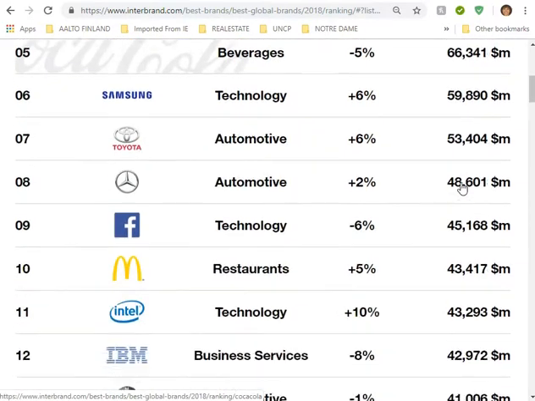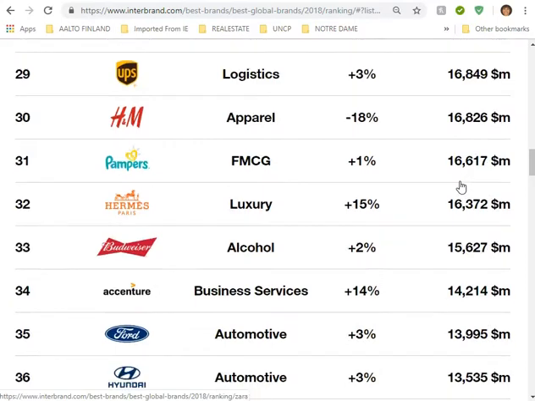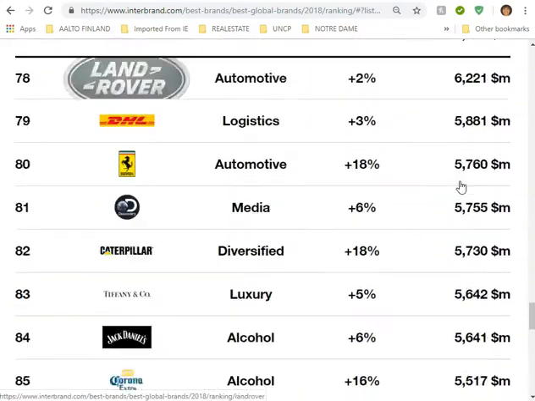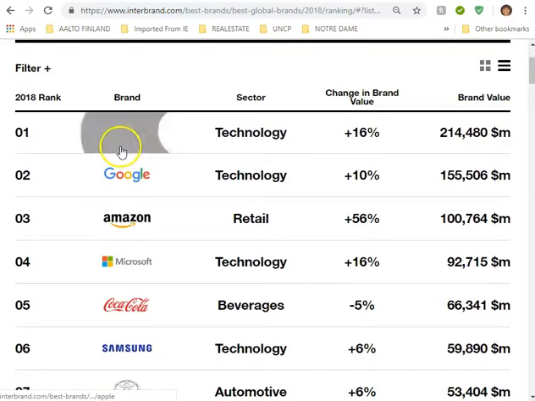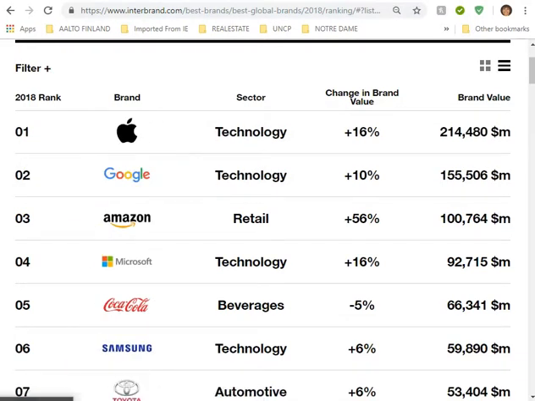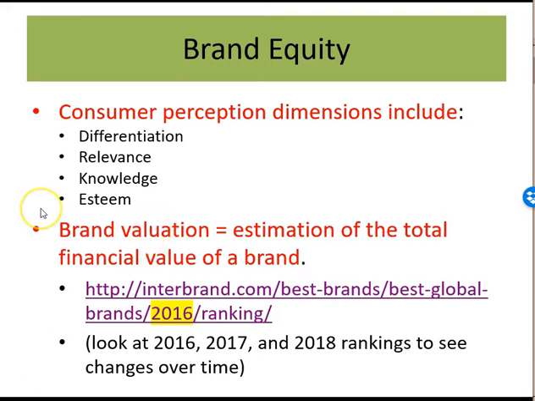And if you look at this list, it goes all the way down to the top 100, and this company talks about how they estimate value based on what it would cost to sell all of the tangible and intangible assets of this organization. And so what we see is that the overall estimate does have a lot to do with perceptual differences between brands, not simply the tangible assets of the brand or what the brand creates and sells.